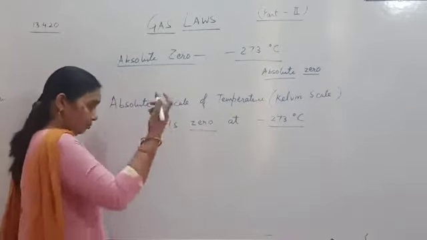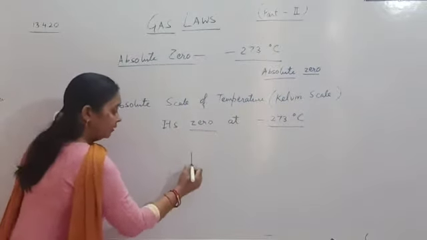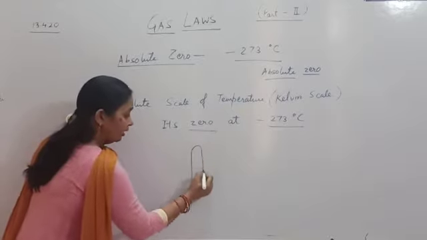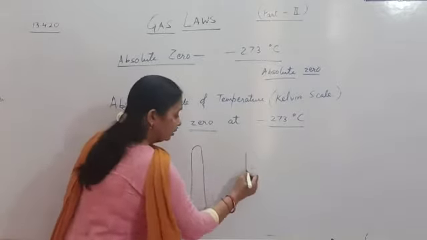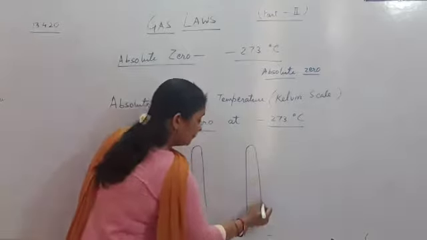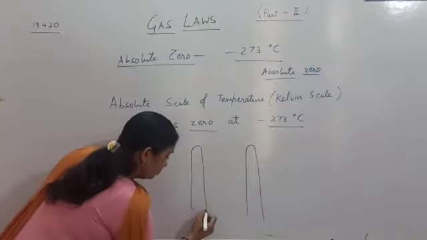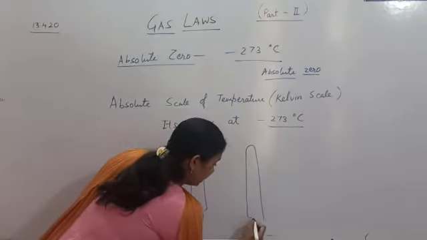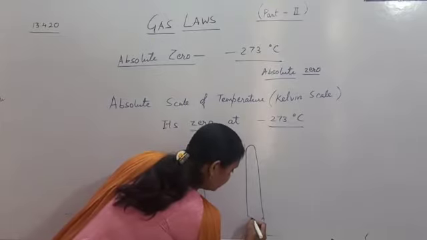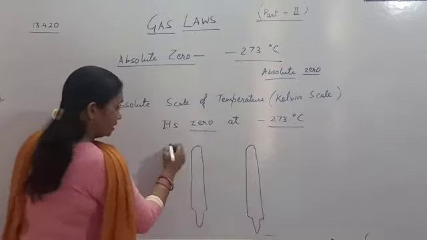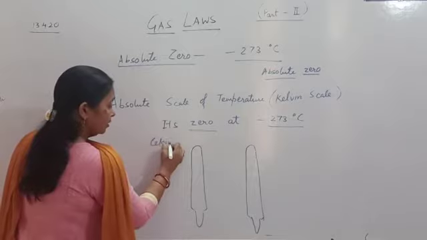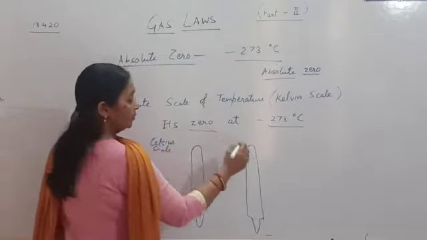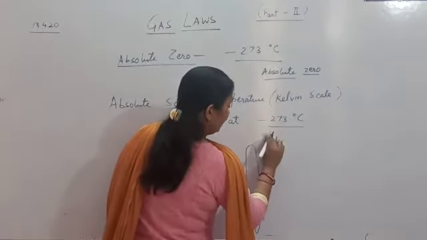Now, let us see it diagrammatically. Suppose we have a Celsius scale thermometer and a Kelvin scale thermometer. So, let us have a comparison of it. This is the Celsius scale I am going to show on this thermometer, and here I am going to show you the Kelvin scale.